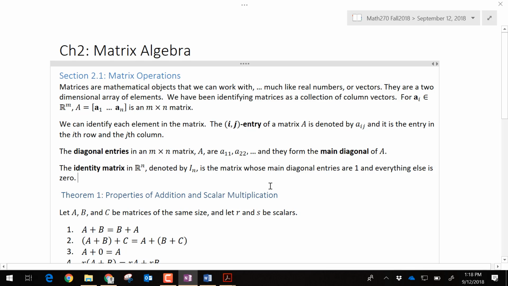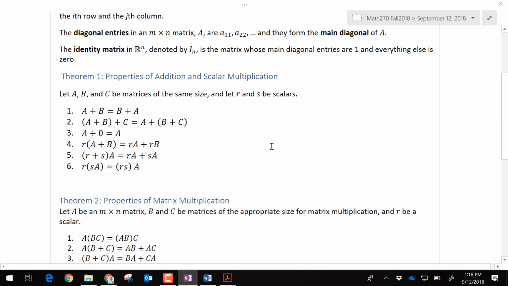All right. So some basic properties, kind of like real numbers. Matrix addition is commutative. Matrix addition is associative. Matrix addition has an identity, the 0, and this 0 over here is the 0 matrix.